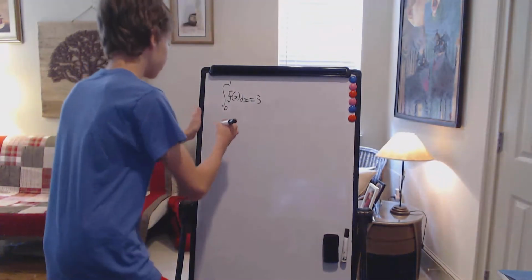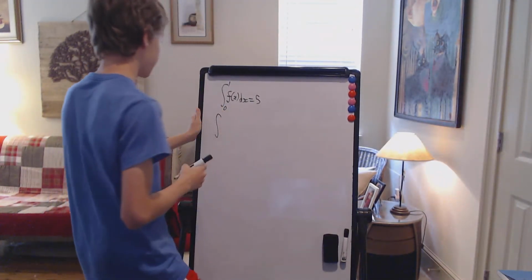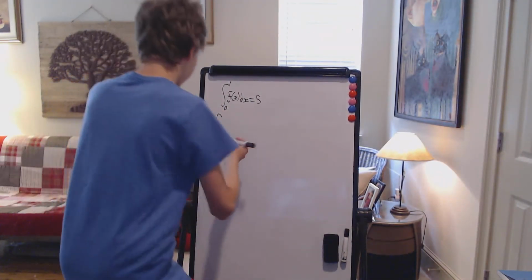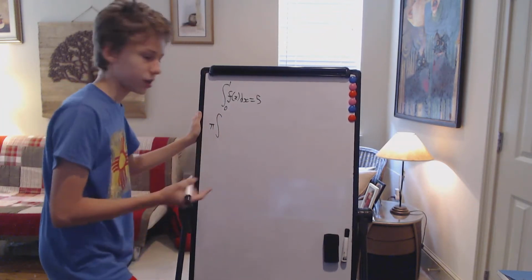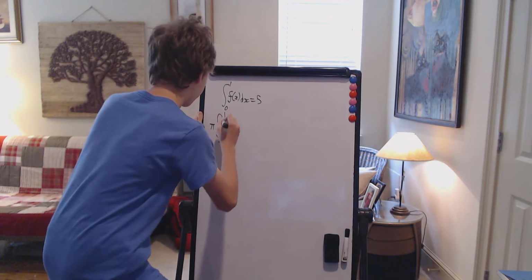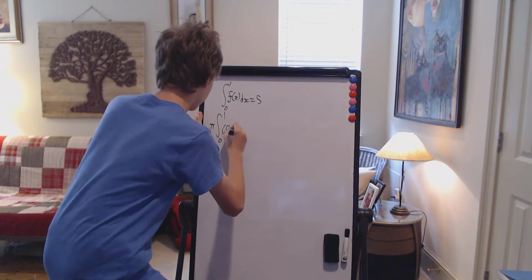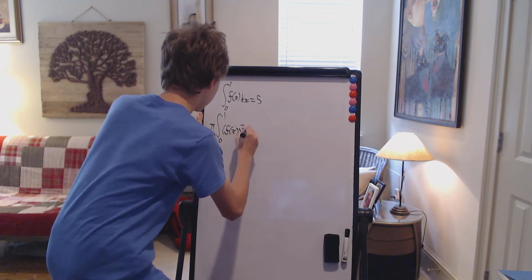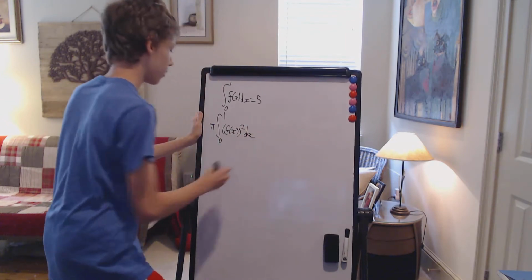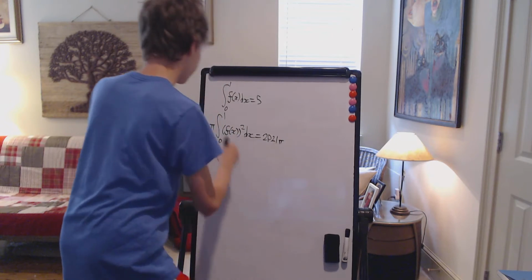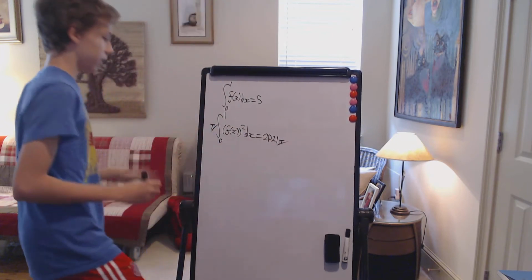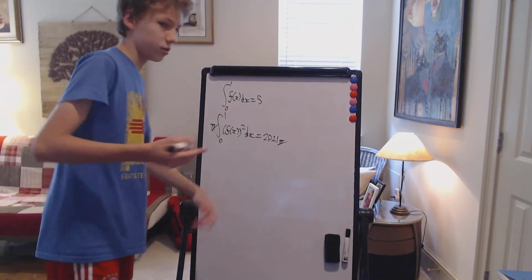So the other piece of information, rewording it essentially, is that the integral, and we'll take out the pi directly, from 0 to 1 of f of x squared dx is equal to 2021 pi. We can cancel the pi's if you like, although you'll see that this isn't necessarily necessary yet.